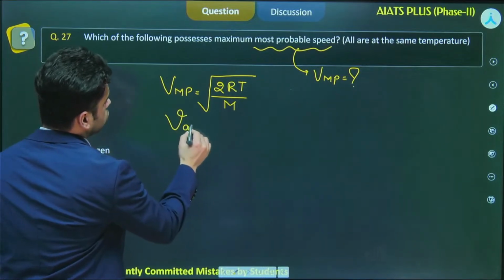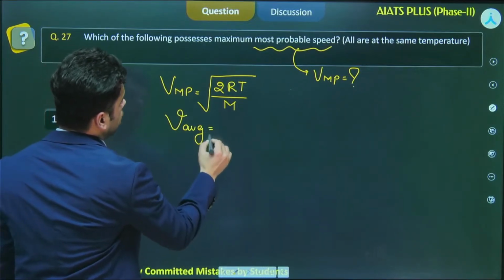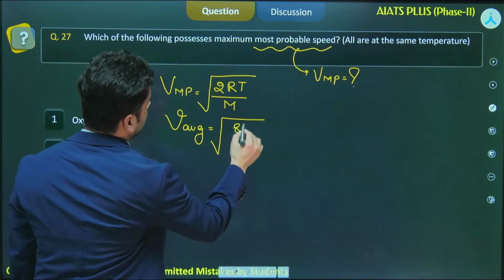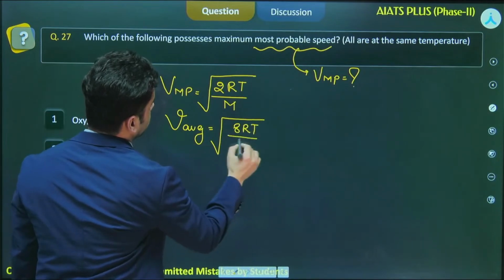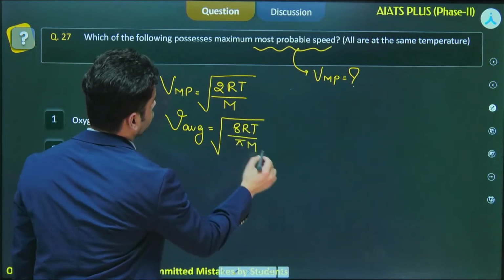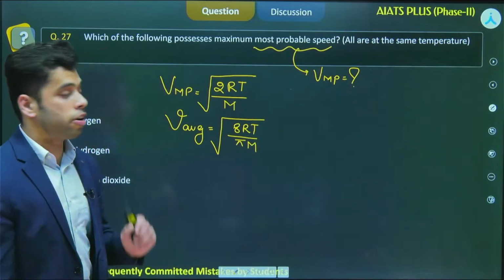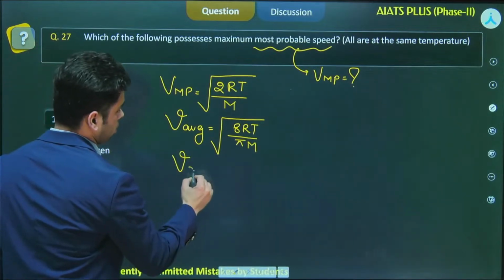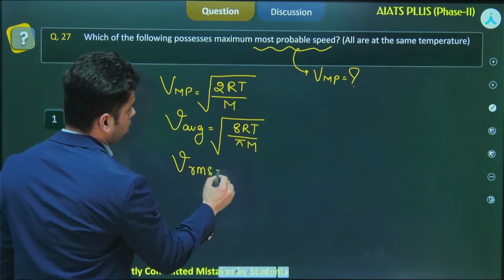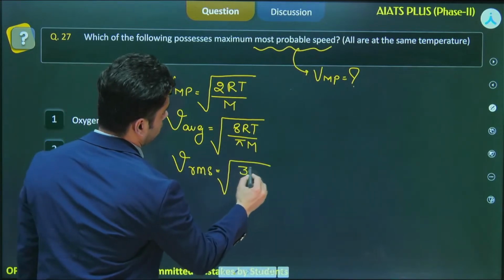V average is equal to under the root of 8RT by pi M. And your favorite, that you must remember, VRMS, is equal to under the root of 3RT by M.